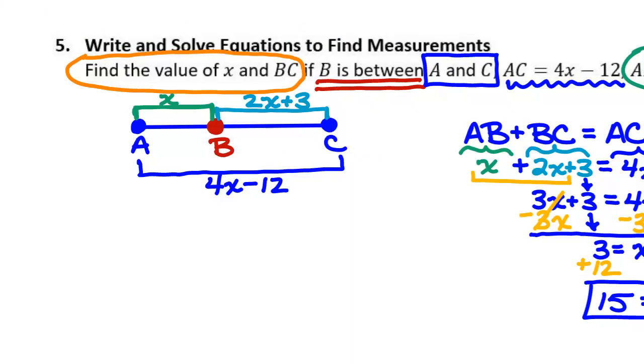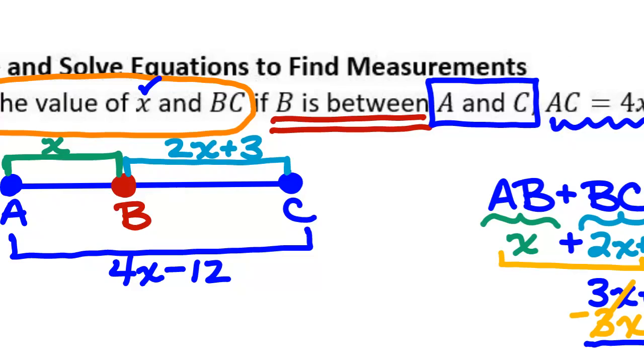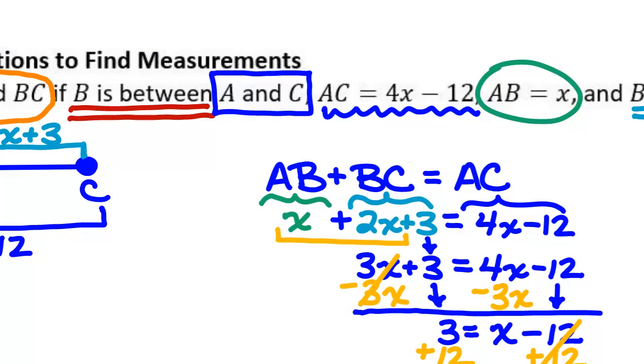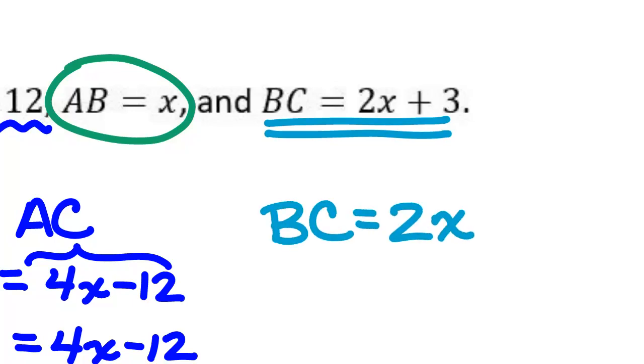What did they want me to find again? What were the directions at the beginning? Find the value of x. We did that. Anything else? And BC. Well, what did they tell me about segment BC at the beginning? It's equal to 2x plus 3.